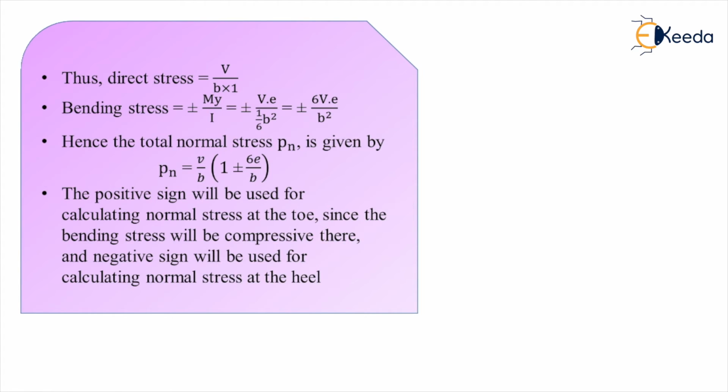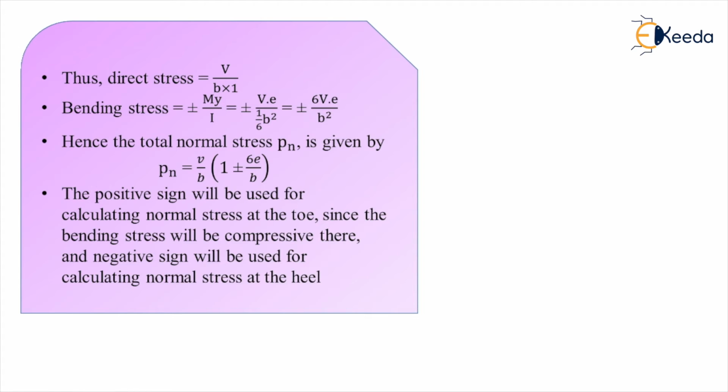Bending stress will be found by the moment multiplied by Y divided by the moment of inertia. The total normal stress is given by the vertical forces divided by the width B, into bracket 1 plus or minus 6 into eccentricity divided by the width B.